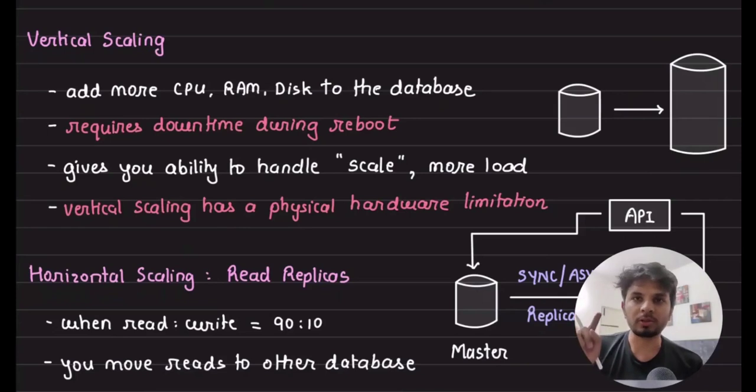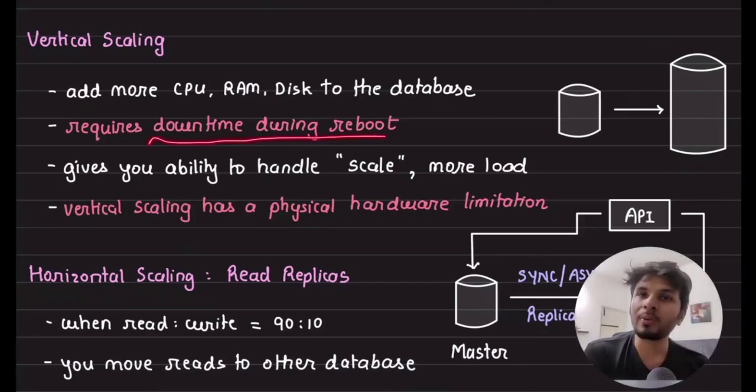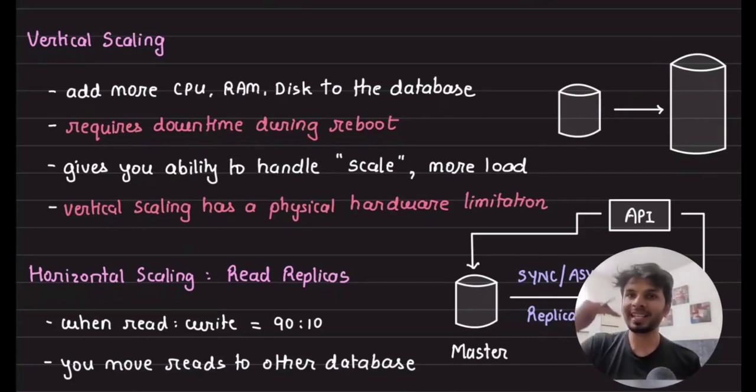Although your cloud provider abstracts out all the complexities of it, it would still require a downtime because the database would reboot at that time. So whenever you are scaling up vertically, there is a short duration of time where the database would be unavailable, which means your system would have a small downtime.